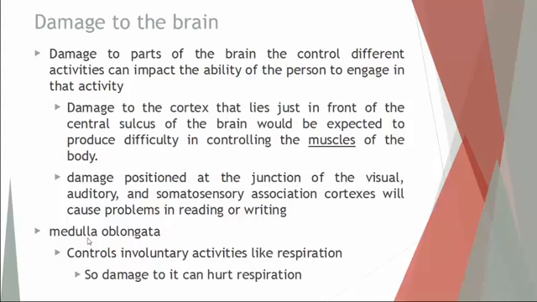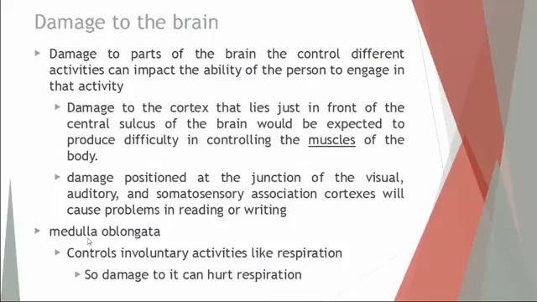If this part gets damaged and those control centers are without activity, you cannot recover from that. You are a vegetable. You may be able to be kept alive by a respirator or by a heart machine, but if those machines are turned off, there's no tissue there able to sustain that on its own. So that's why someone is considered to be brain dead.